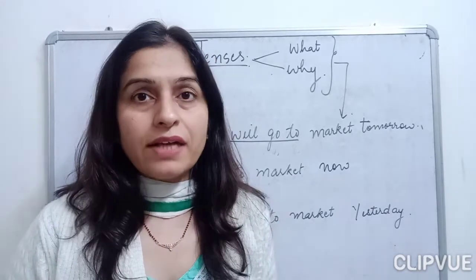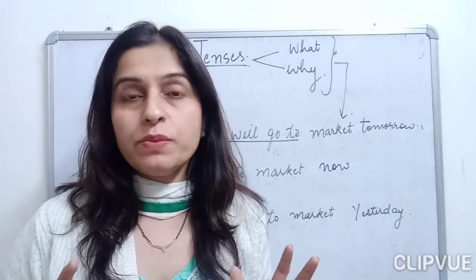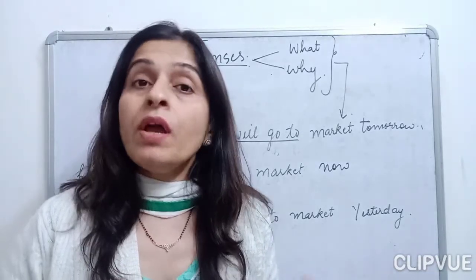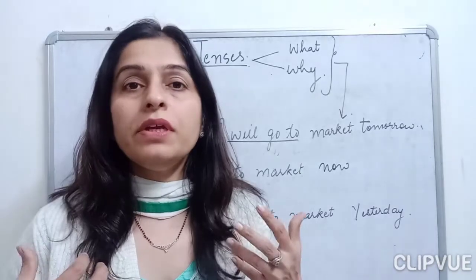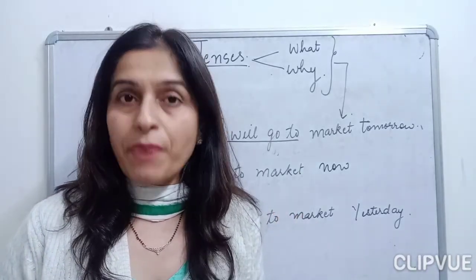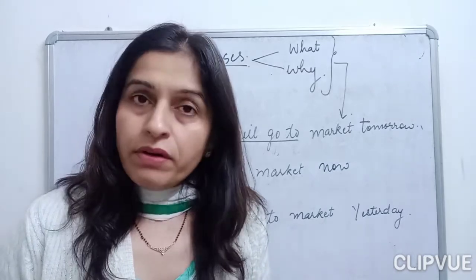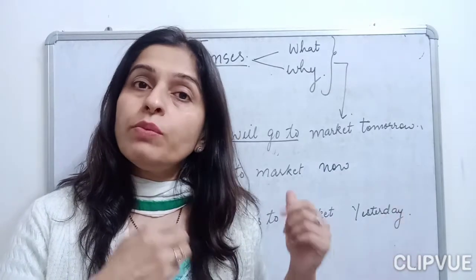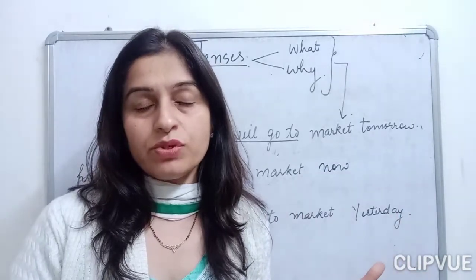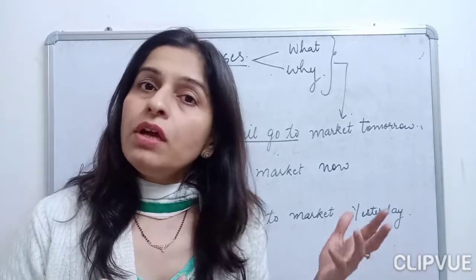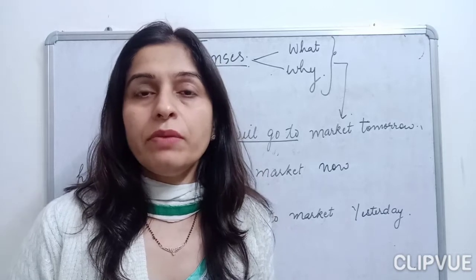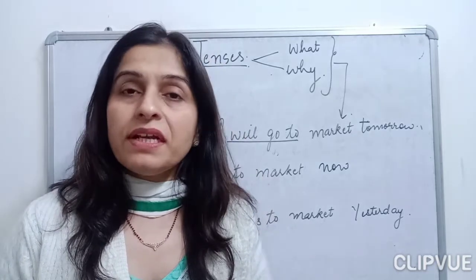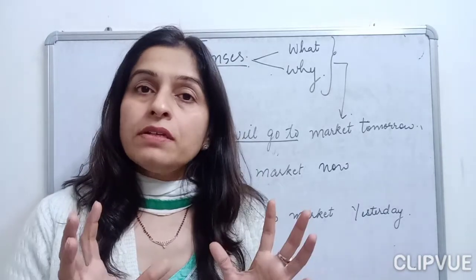Either the action will be taking place now, which we take as the present tense, or the action has already taken place, which we denote as the past tense, or lastly the action which will be taking place in the future, that tells us about the future tense. So basically these are called the tenses.